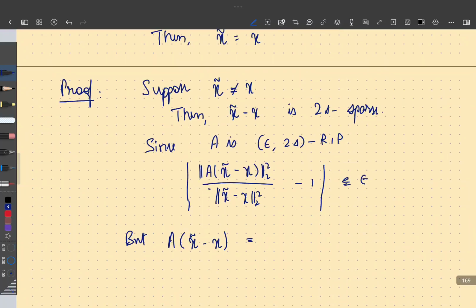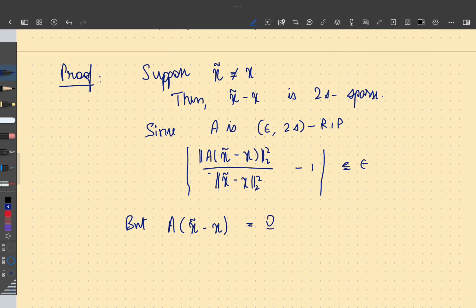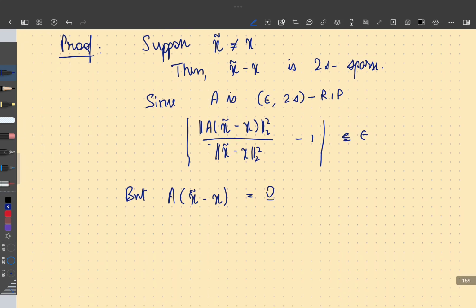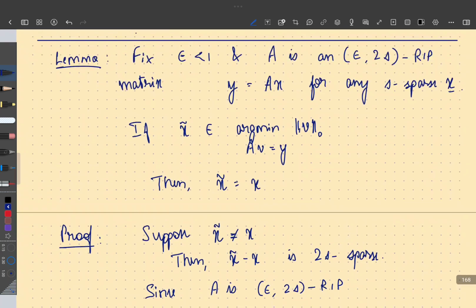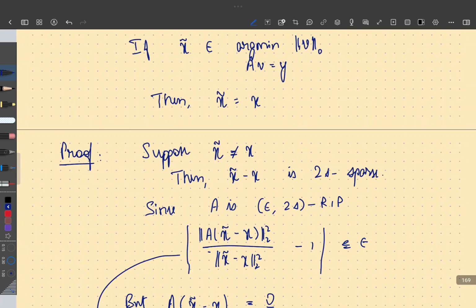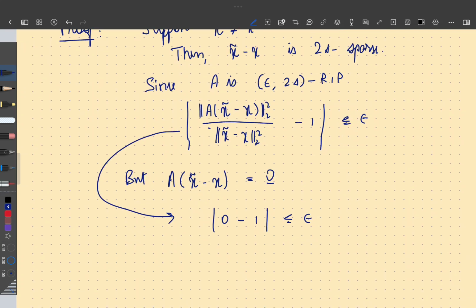So A times (x tilde minus x) should be the zero vector. So this essentially becomes 0 minus 1 less than or equal to epsilon. But we've assumed that epsilon is strictly less than 1, which cannot happen.